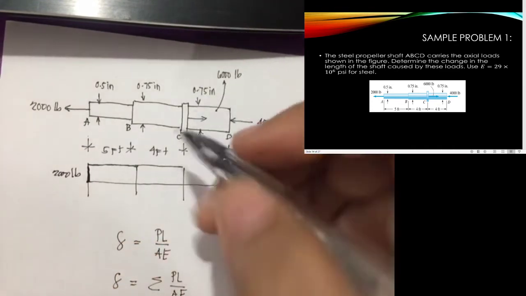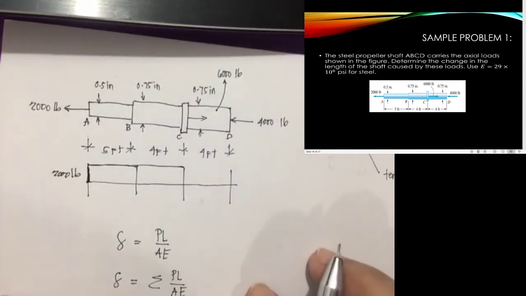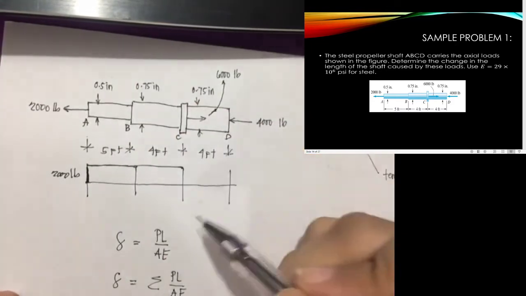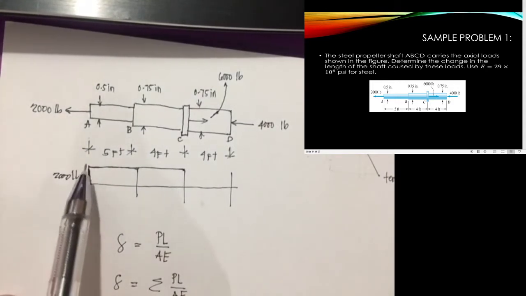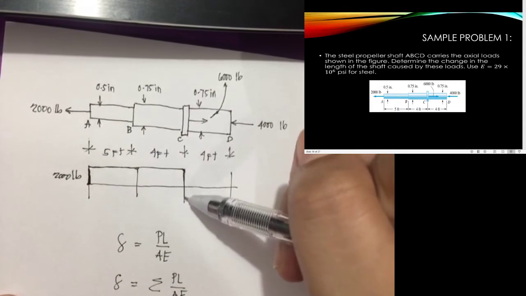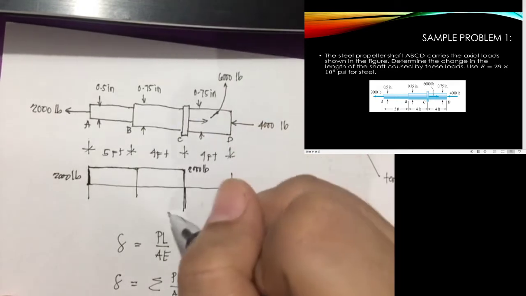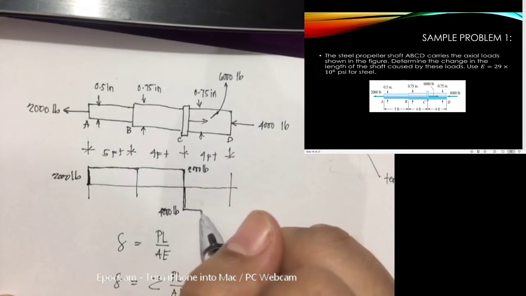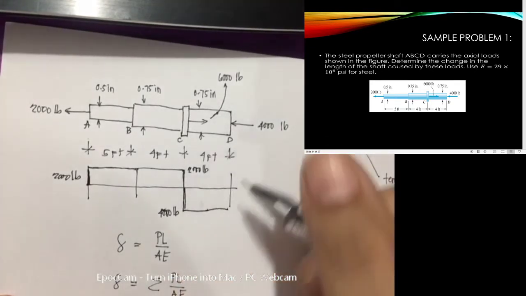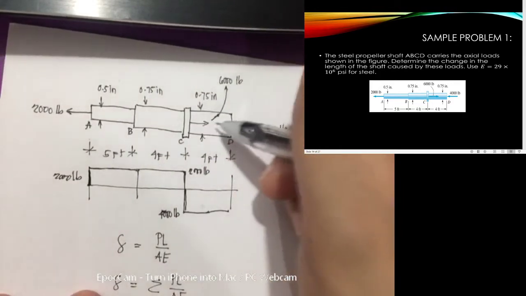Here, at point C, there is a 6,000 load. Right? So, how do we know its direction? It is actually opposite to this. So, if this one was going up earlier, this one will be going down. This one is 2,000 pound. So, therefore, this one going down will be your 4,000 pound. Right? Then, there is no force all throughout. And then, this one opposes this 6,000.